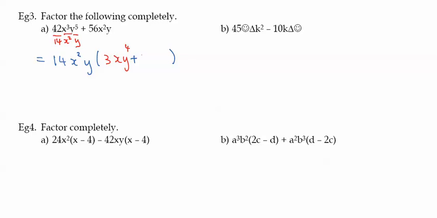And using the same concept, if I'm to take out 14 from 56, take out the x squared from here, and take out the y from there, this is the only thing we will be left with.